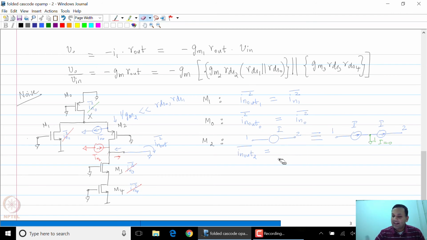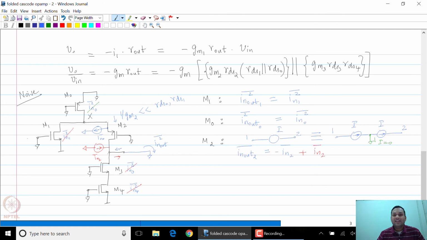so maybe I can just use directly IN out 2 is going to be equal to minus IN2 plus IN2. These are the directions of the two current sources in blue and red.